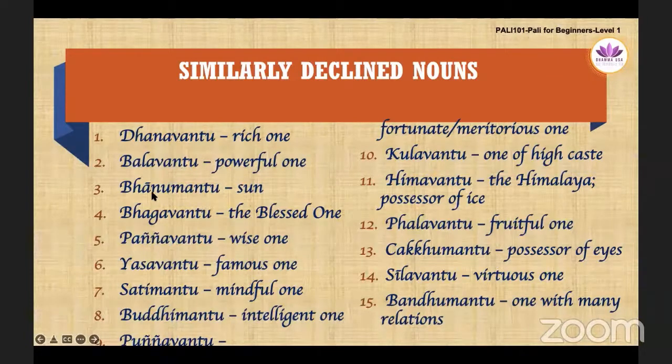Whereas U anta Bhanu, I anta Sati, I anta Buddhi, U anta Chakku, and U anta Bandhu, we have Mantu. Is that clear to everyone?